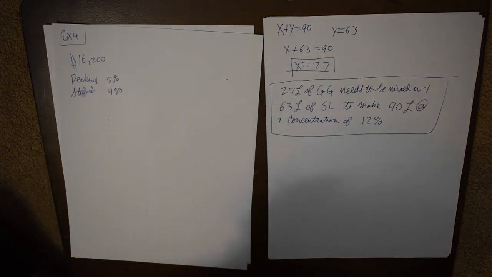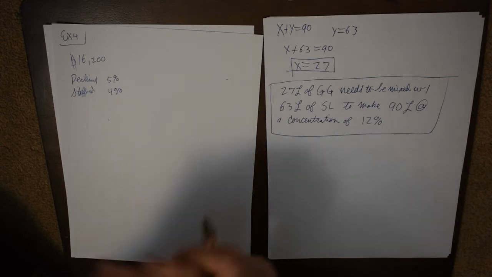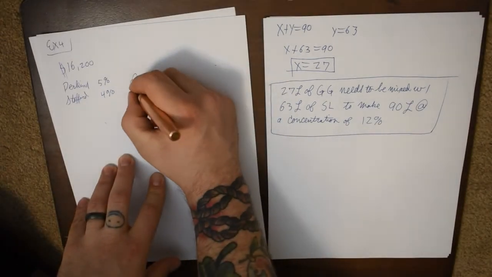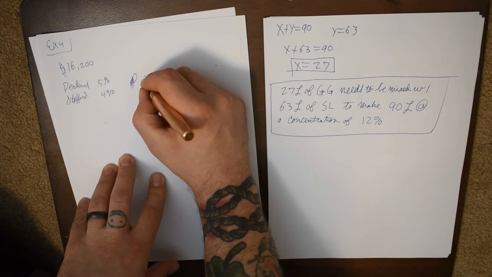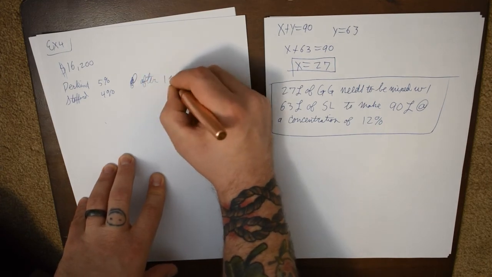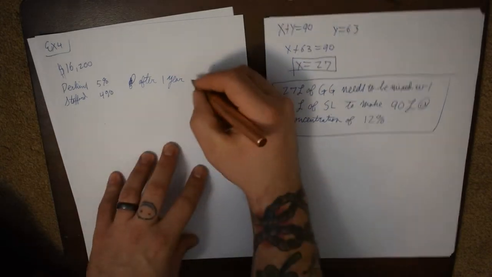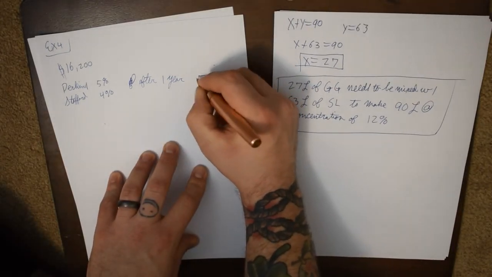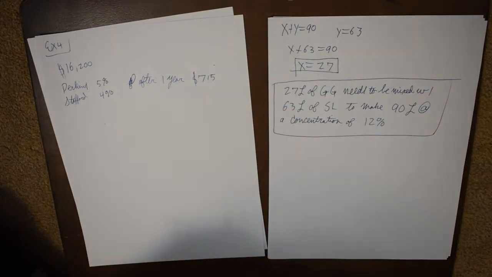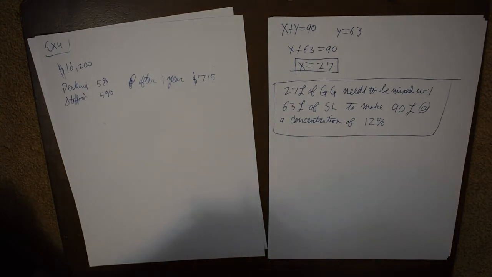After 1 year, Jerome's loans had accumulated, so after 1 year, Jerome had accumulated $715 worth of interest. What was the amount of each loan?